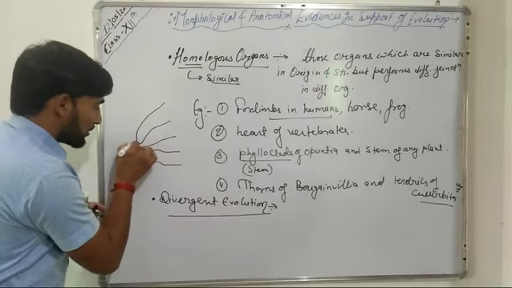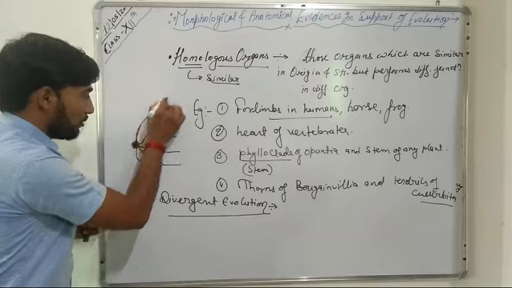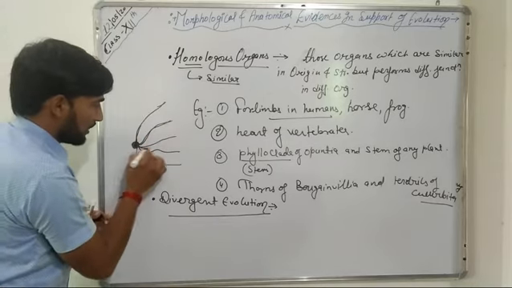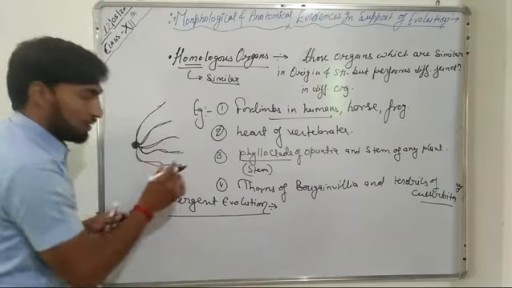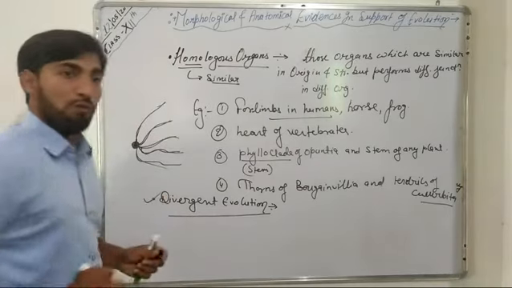So from similar origin and structure, these body organs diverged. This type of evolution is known as divergent evolution.